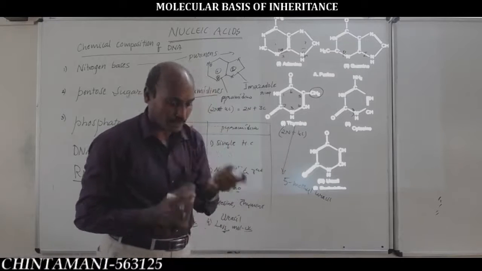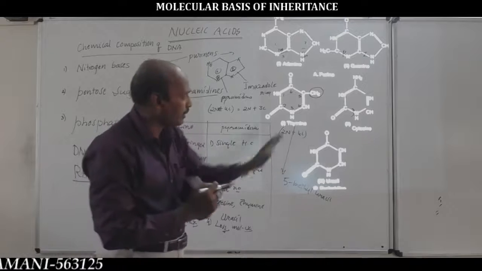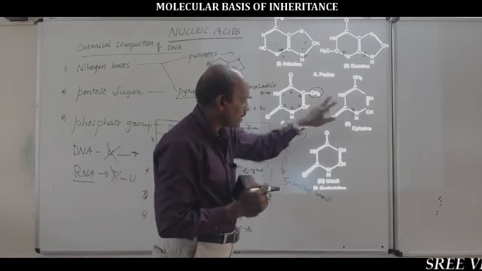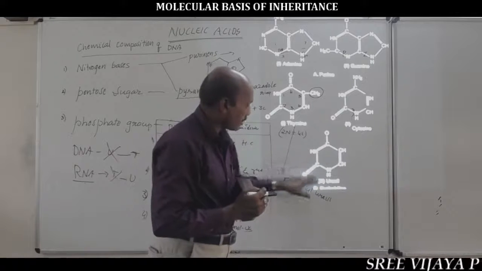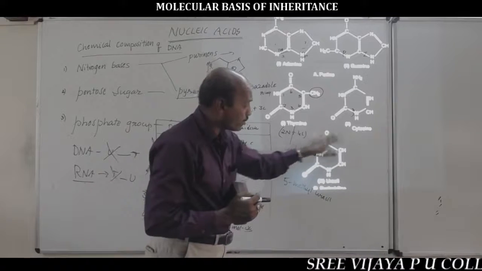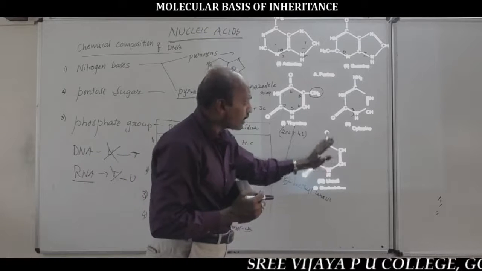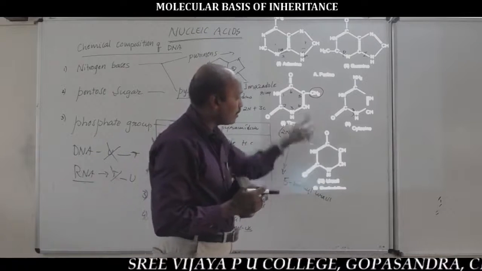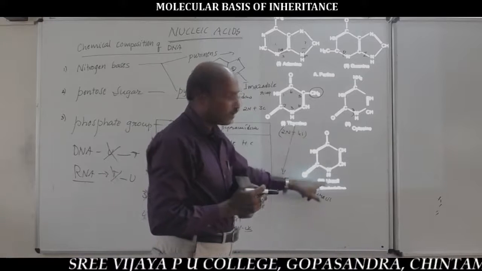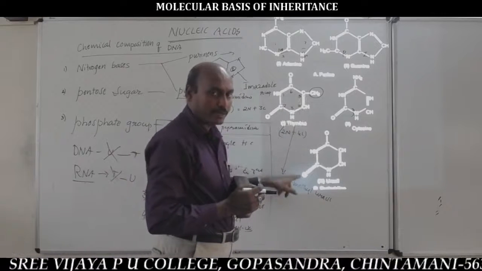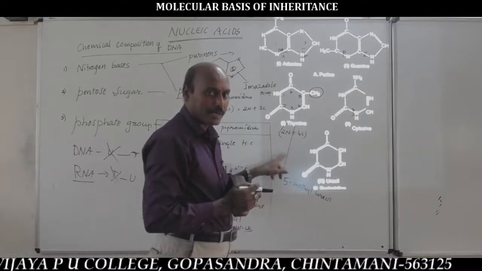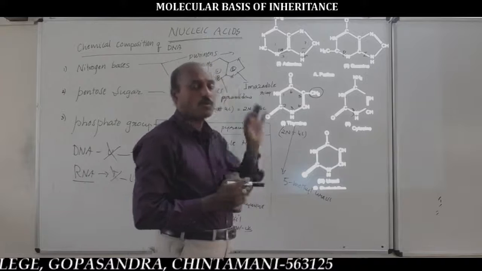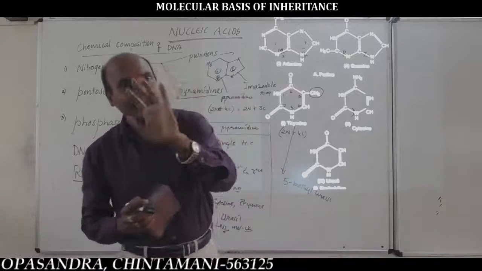Very important for neat information. Except the methyl group, the remaining carbon and nitrogen atoms are similar to uracil. That's why thymine is also called 5-methyl uracil. It is present only in DNA, never in RNA.